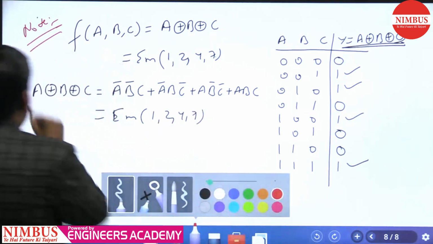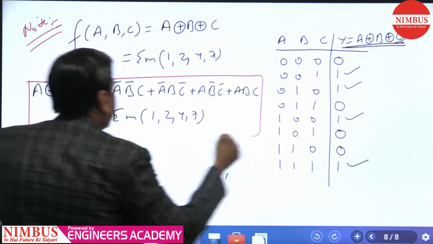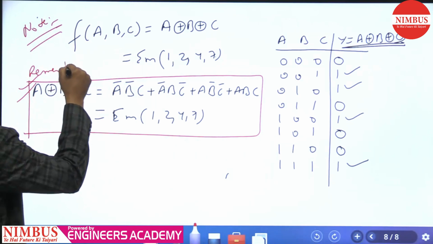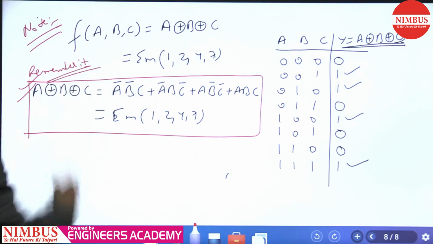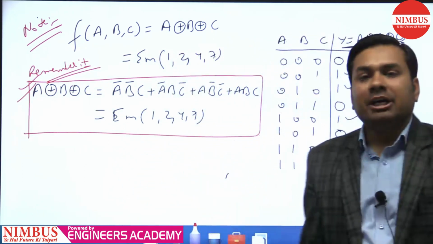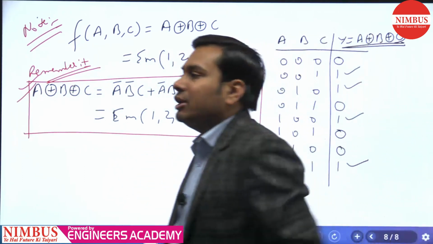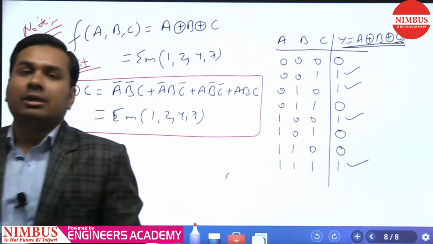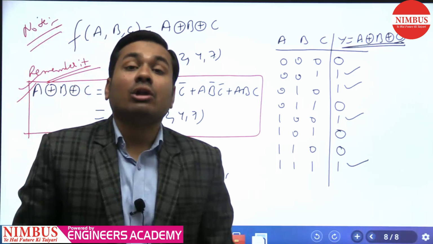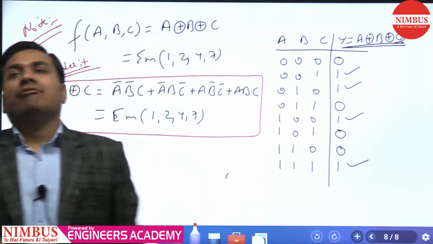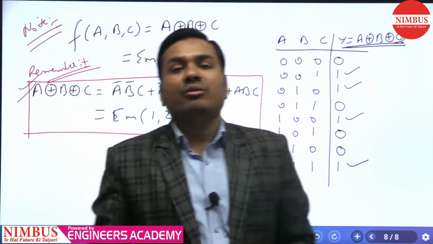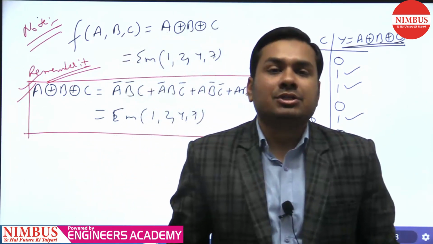That is the important point that you have to remember. In our digital logic, whenever we are having the minterms 1, 2, 4, 7, then our minimized expression will be A XOR B XOR C. Or whenever we are having A XOR B XOR C, then our minterms will be 1, 2, 4 and 7.